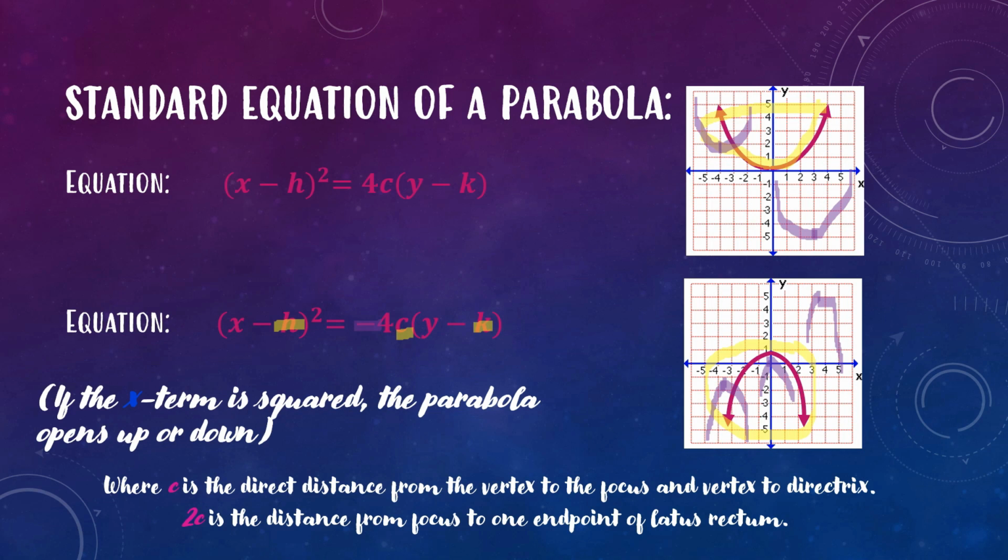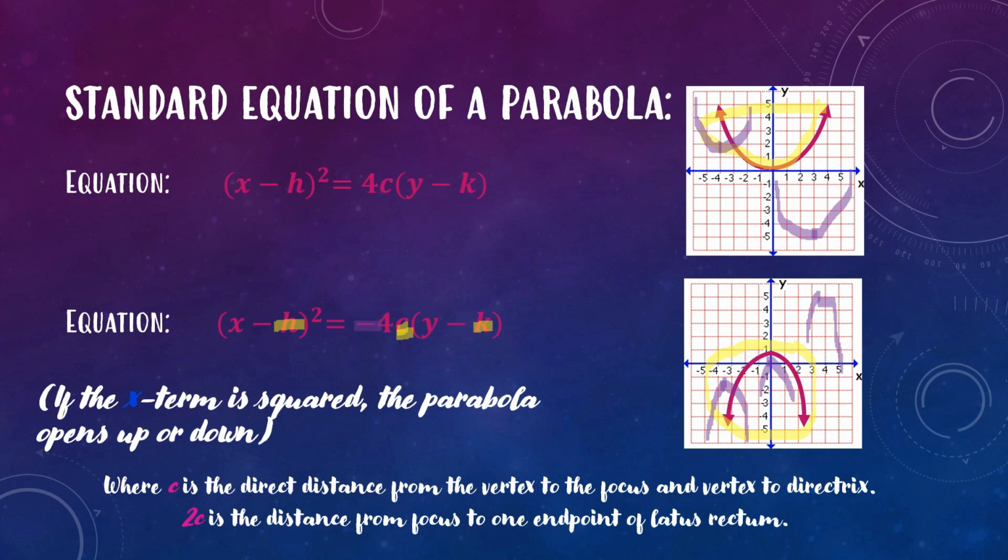Remember that the distance from vertex to focus and vertex to directrix are equal. So, vertex is equidistant to focus and directrix. So that variable C will be the distance, again, from vertex to focus or vertex to directrix.